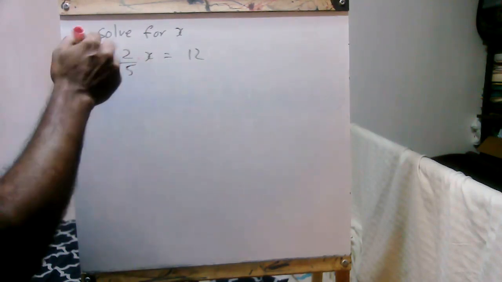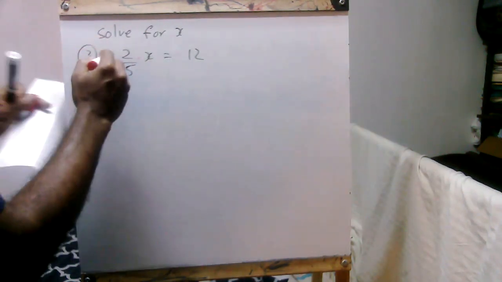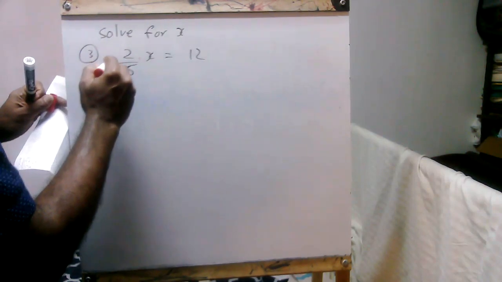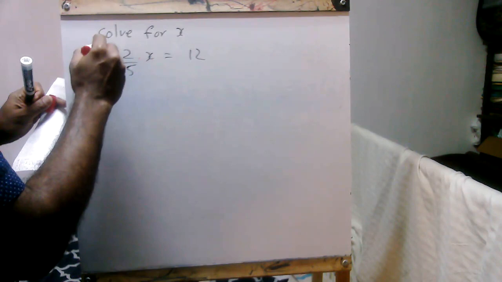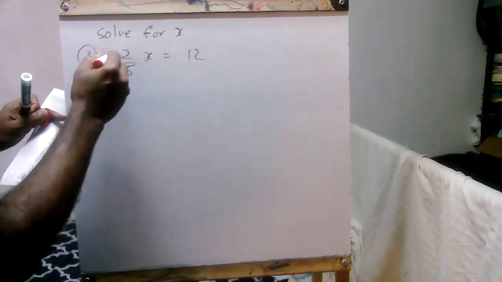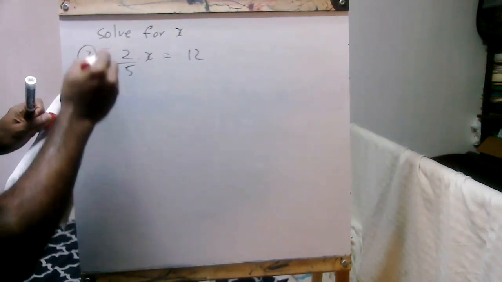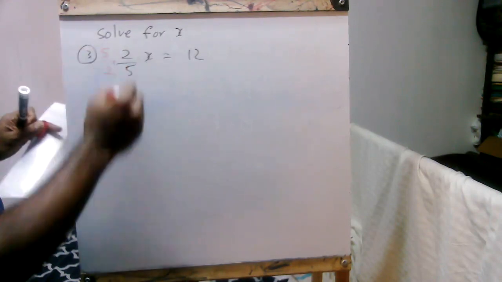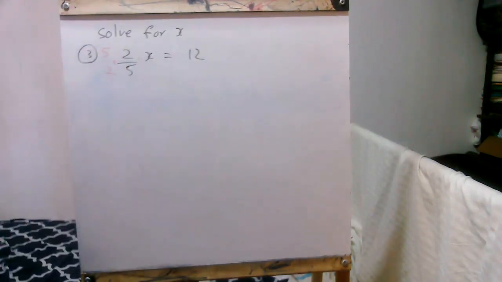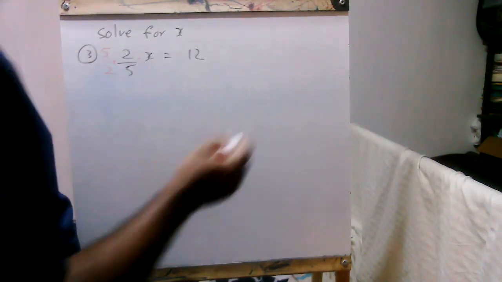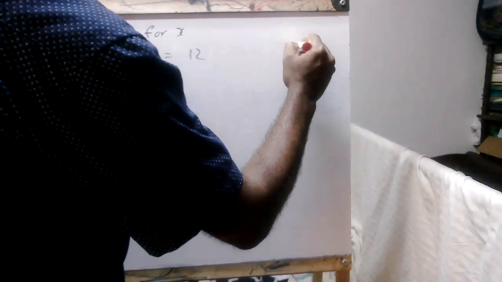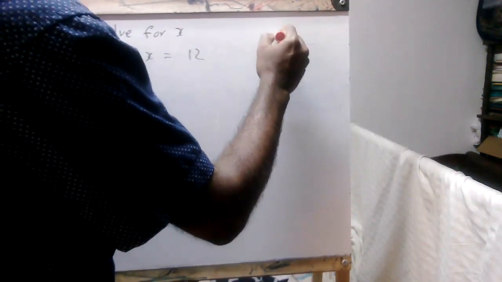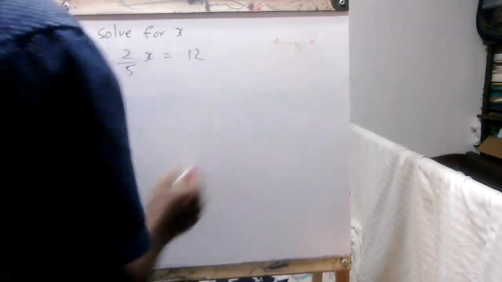To get rid of this 2, you can write 2 in the denominator, 5 in the numerator. Now if you multiply by this factor, the 2 and 2 cancel out, 5 and 5 cancel out, right? Then according to the basic principle we discussed, the balance, whatever you do here, you have to do the same thing here.